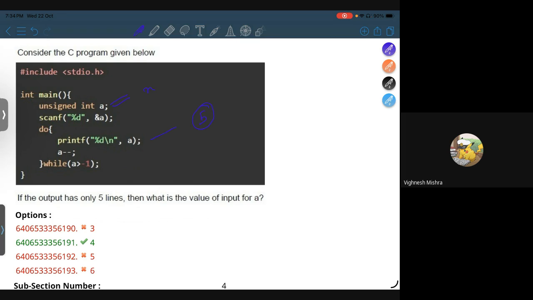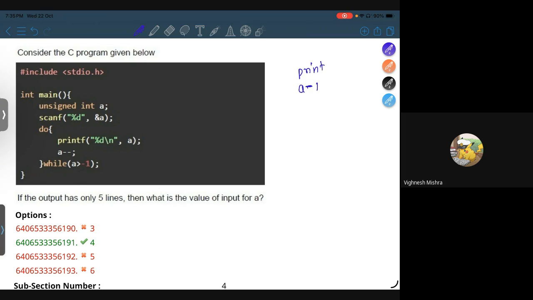So it will scan or ask for x, then this is x, say A only. Then it will print A for the first time. Very first time it will print no matter what the value is. Then it will decrement the value of A, so A is now A minus 1.